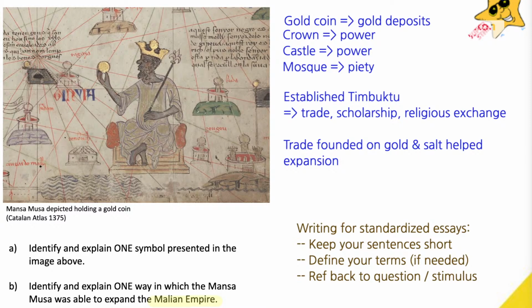And one of the other things that you can also bring up is that Mansa Musa used Islam as a unifying force, or as a force to unify West Africa.